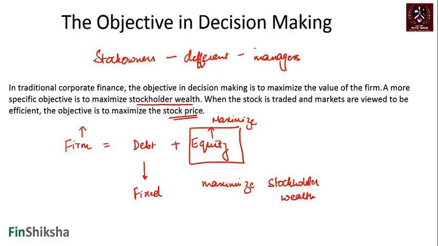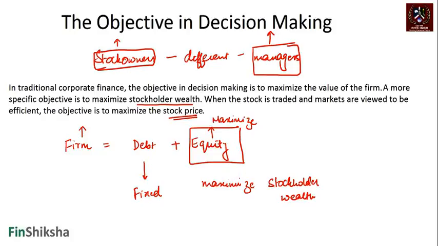And the idea in corporate decision making is that managers will be the ones who will be making these decisions. So will they be able to maximize the output such that the stock owner's wealth is maximized? That objective is what the eventual decision point in corporate finance comes back to, right?